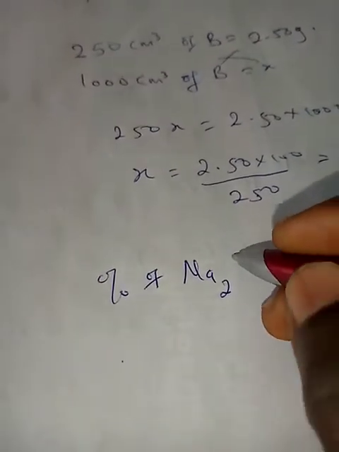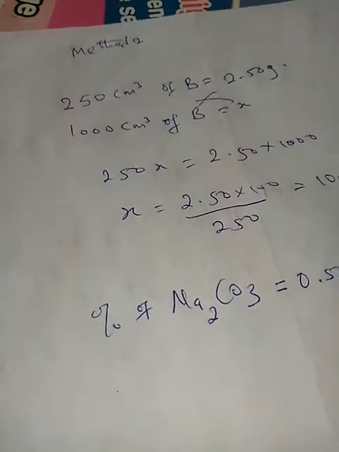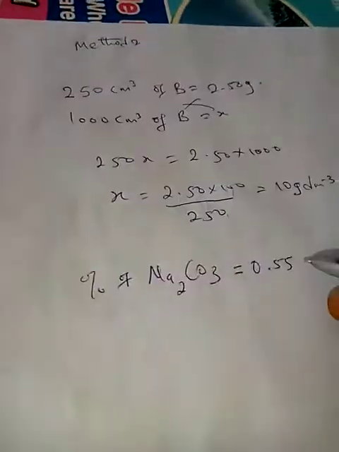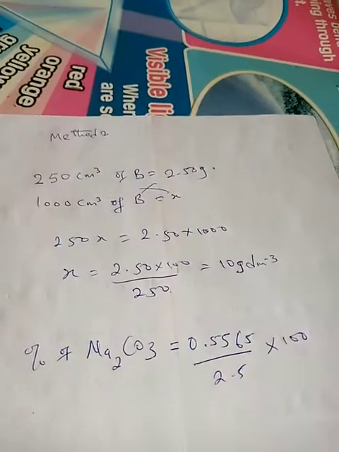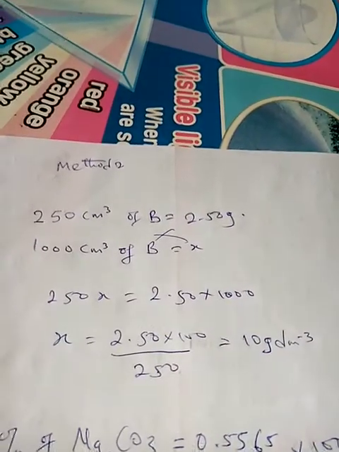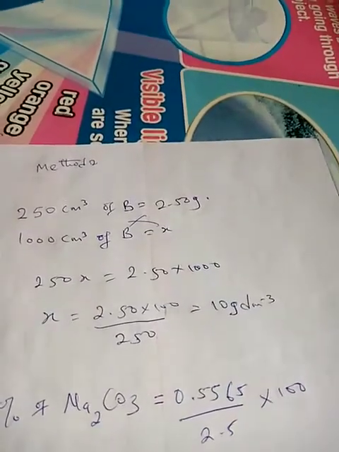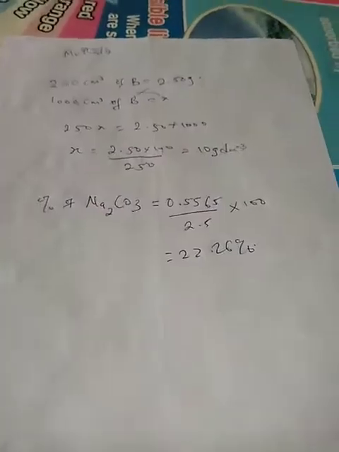So percentage of Na2CO3 is equal to 0.5565 divided by 2.5 times 100, which is equal to 22.26%, which is the same as before.